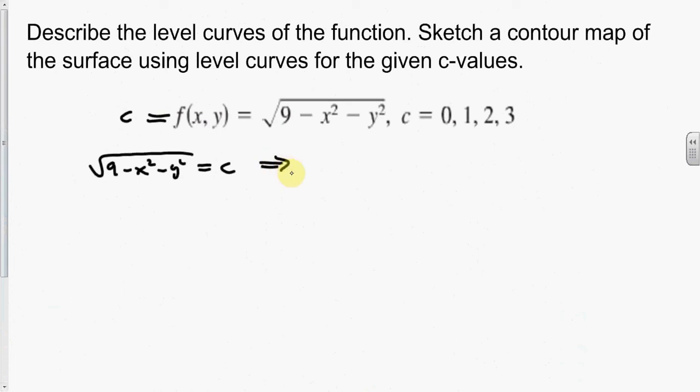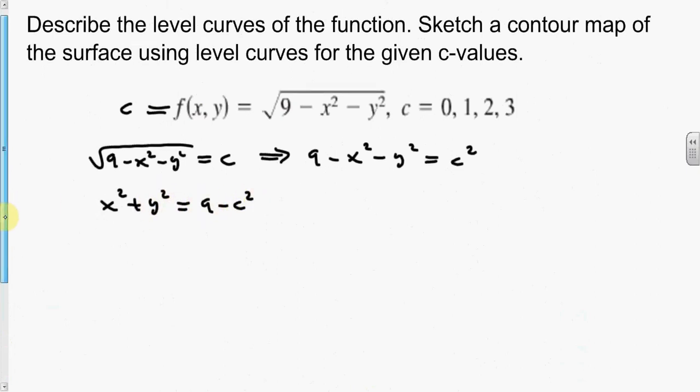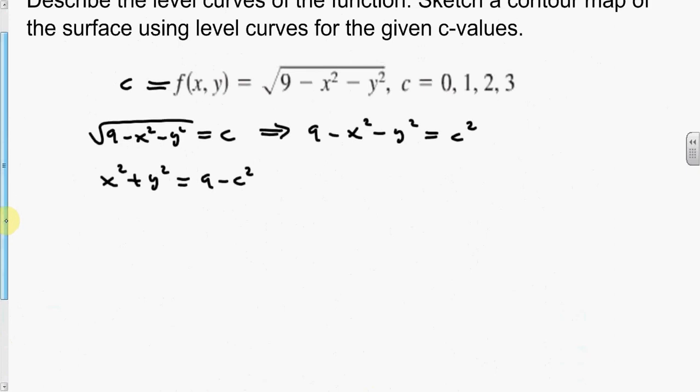But I remember that c is going to be positive. So this is 9 minus x squared minus y squared is equal to c squared. So that becomes x squared plus y squared is equal to 9 minus c squared. So now that's what I use.